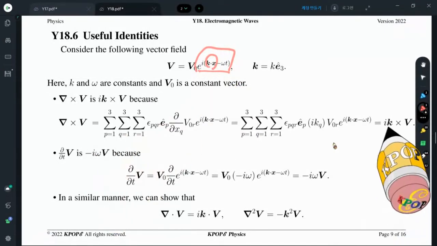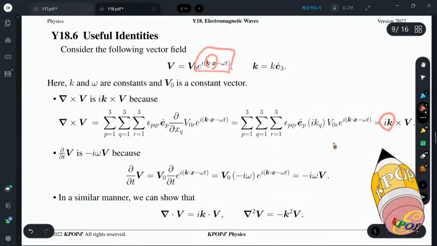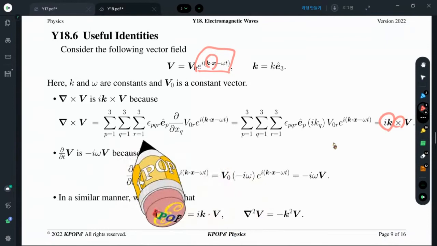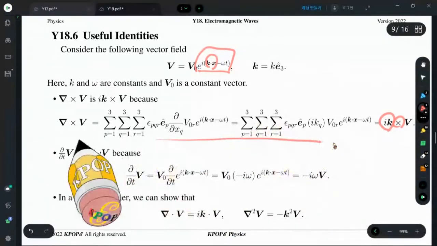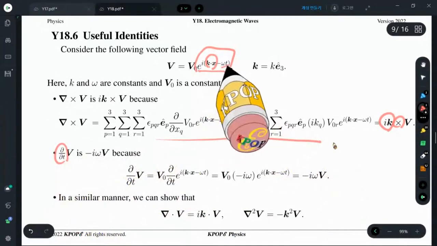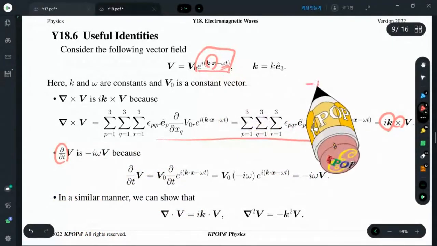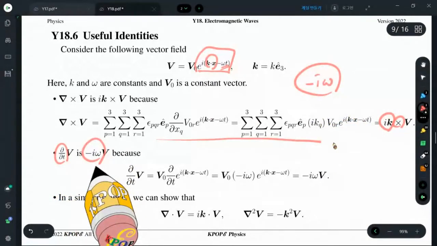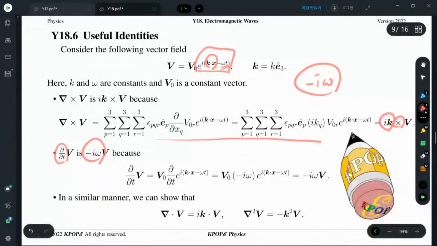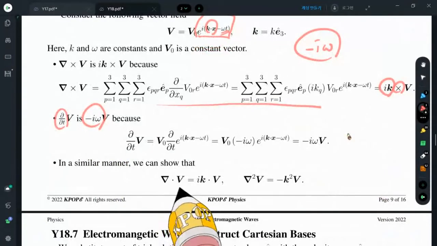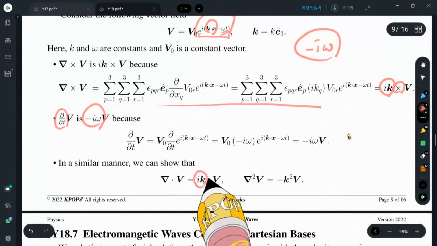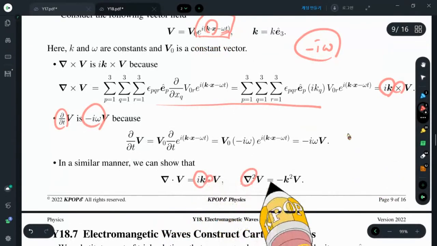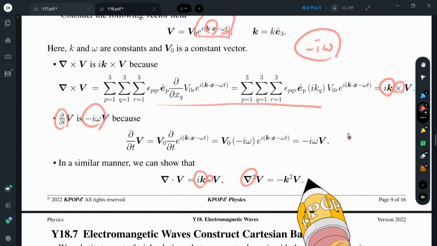The final result is just a multiplication of ik cross product. The reason is explained in here. If I take the time derivative, its coefficient is minus i omega. Therefore, for example, divergence of V is ik scalar product. Laplacian of V is (ik) squared, so minus k squared, same vector field.